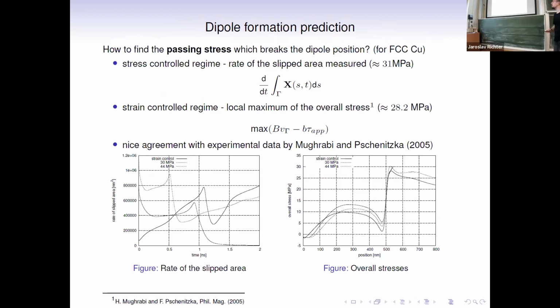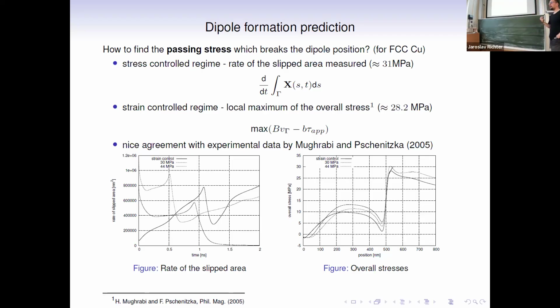We tried with Honza Kratochvíl to predict such a dipole formation for two dislocations, because there is some very nice experimental data from the German group from 2005, and they were able to produce very detailed and very particular measurements.